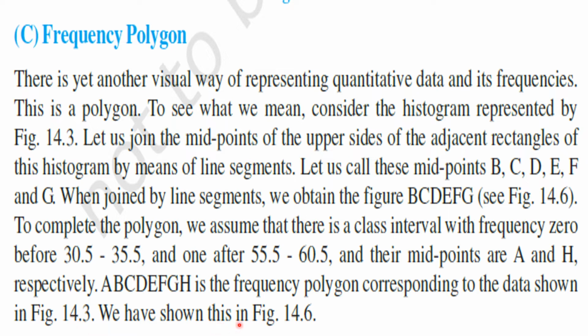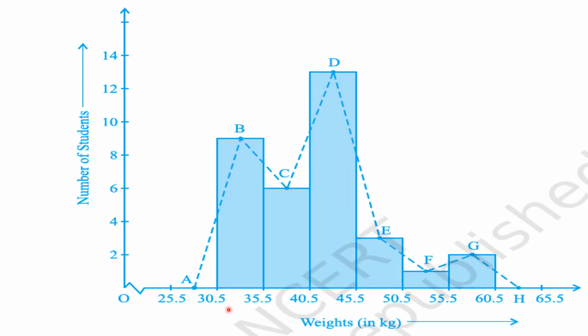We have shown this figure in 14.6. Okay, my children, right. See here, these are the limits of the class intervals: 25.5, 30.5, 35.5, 40.5, 45.5, 50.5. Here, number of students.